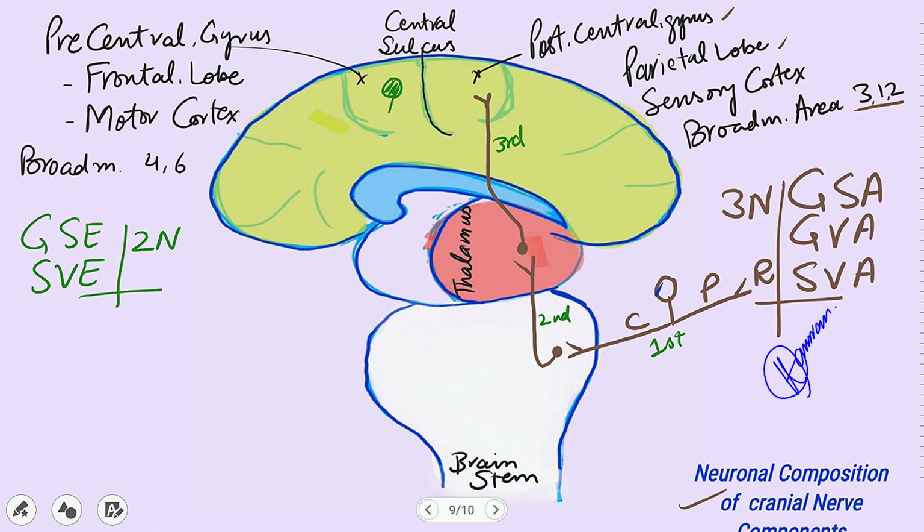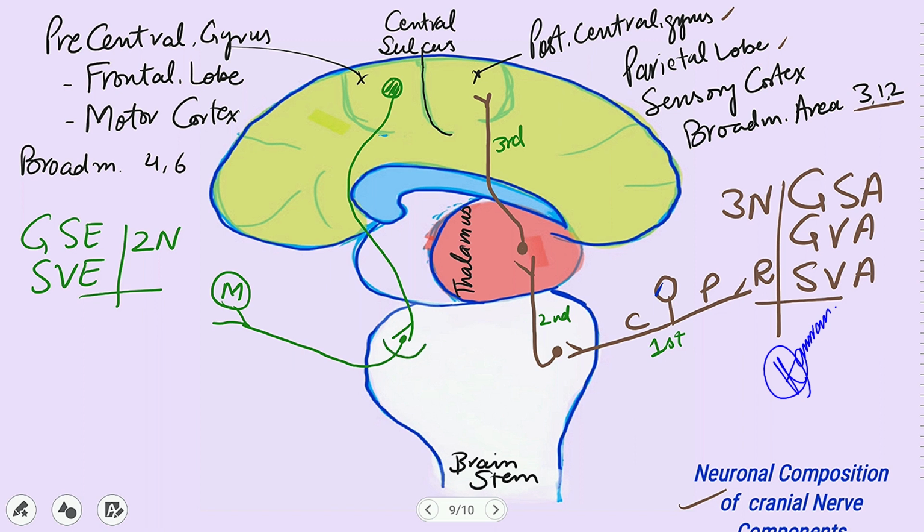So from here, the axon will descend and will reach the brain stem. Here it will synapse with the second neuron, that is the lower motor neuron, and the lower motor neuron will come out of the brain and reach the destination, that is the muscle of the general somatic efferent component and the special visceral efferent component.